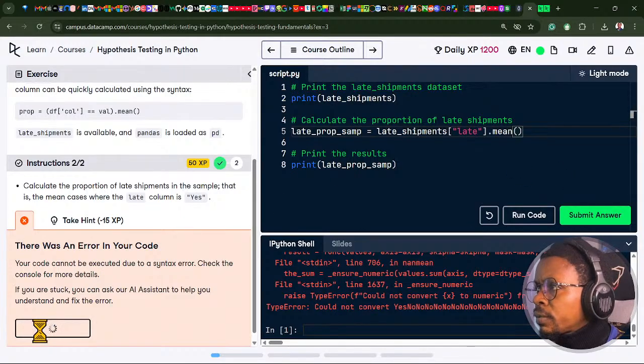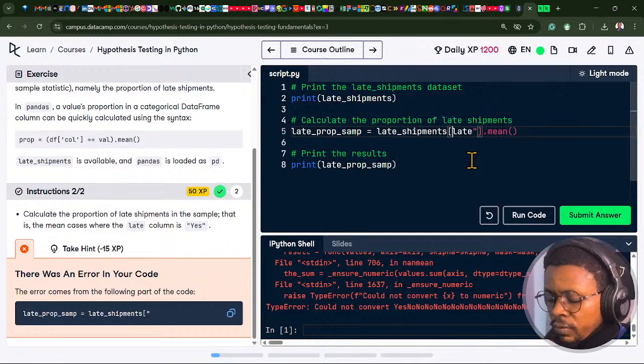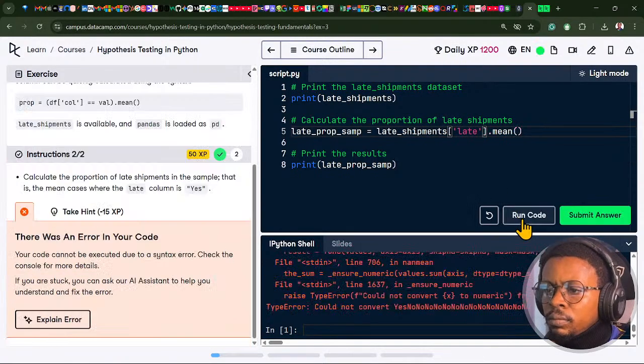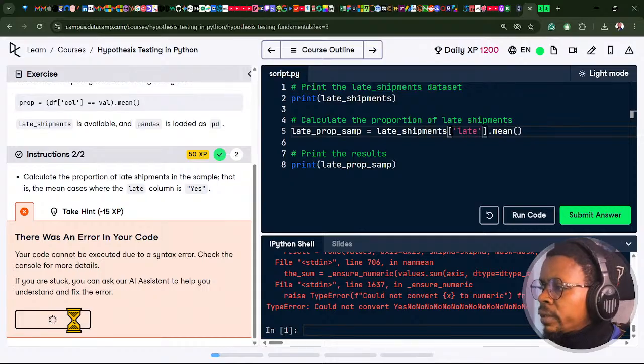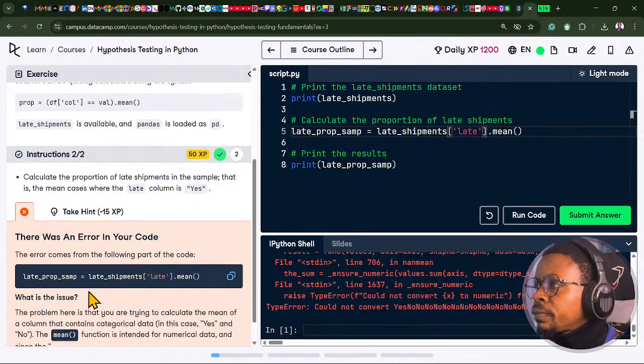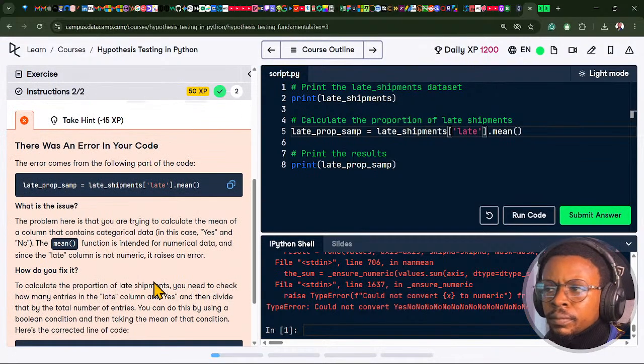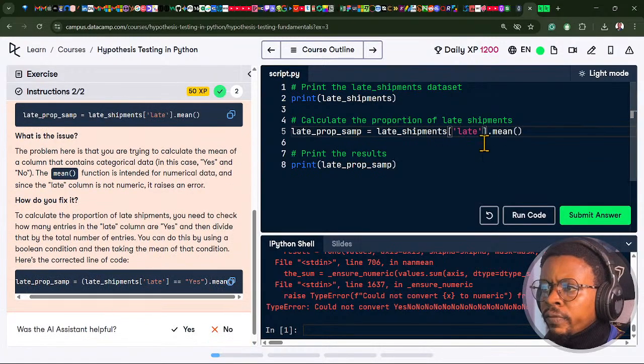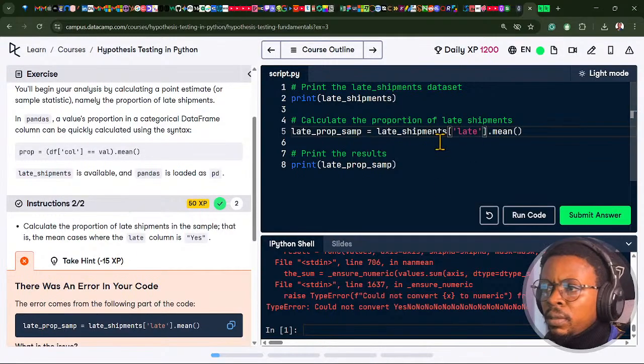We're having an error here. We're supposed to use one line of code. Why am I getting an error in my line of code? Oh, I've not specified the value I want, where the late column is equal to yes.